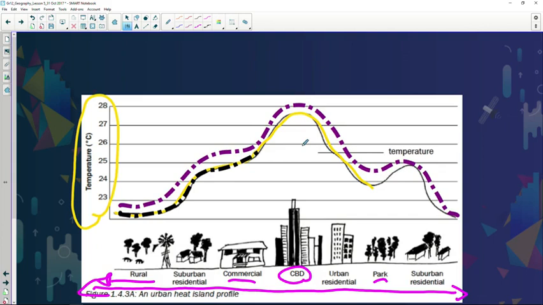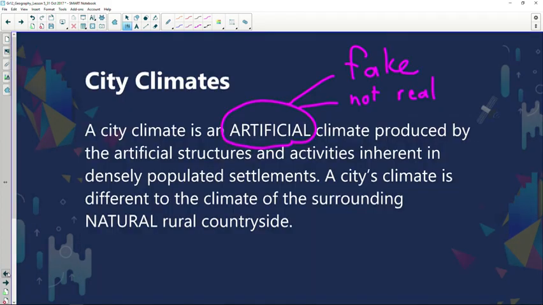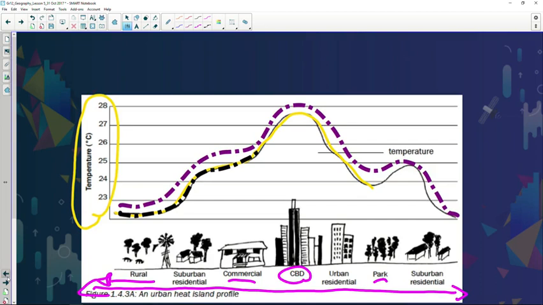Now, if we go back to the definition, city climates are artificial climates, because of the structures and the activities taking place over there. Now, as you can see, there are much more human-made structures in the CBD and in the commercial and urban areas. Now, very importantly, Grade 12, the activity and the amount of people over there also adds to this urban climate.